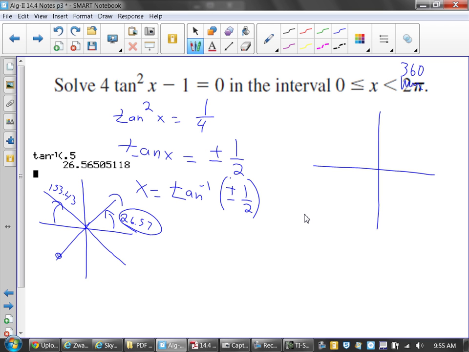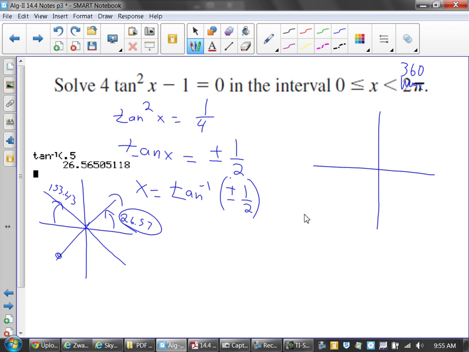And then what would you do to that value to find it in the fourth quadrant? Add 180 again. That gives you your 4 possible solutions. Everybody okay with that?